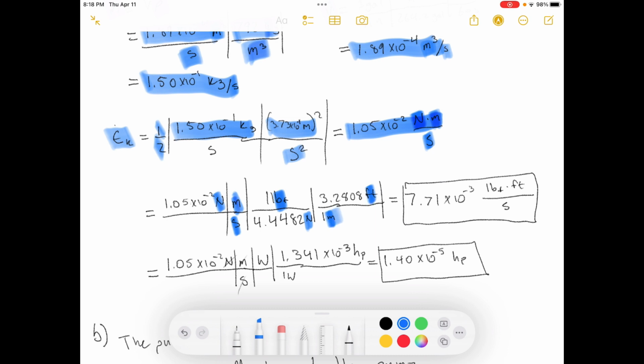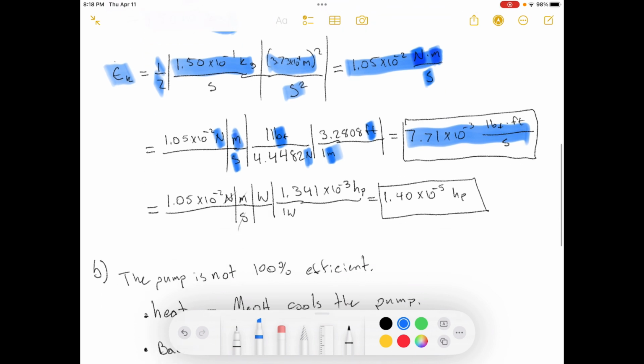You just do those conversions and you get it in pounds force feet per second. For this next part, it's easier to have it in watts because we're working in a unit of power, horsepower. So we use our unit of power, watts, and convert it into horsepower.